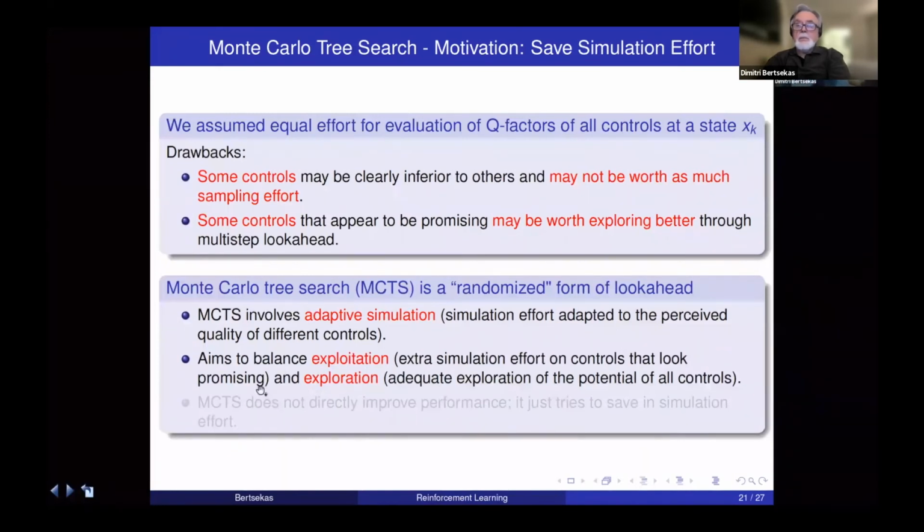Try to exploit the potential of these controls. Exploration refers to exploring adequately the potential of other controls. For example, we want to make sure that we don't neglect any controls that may look on the surface to be not so good, but on closer examination may turn out to be more interesting. And if we were to do more exploration, then we might discover their potential.